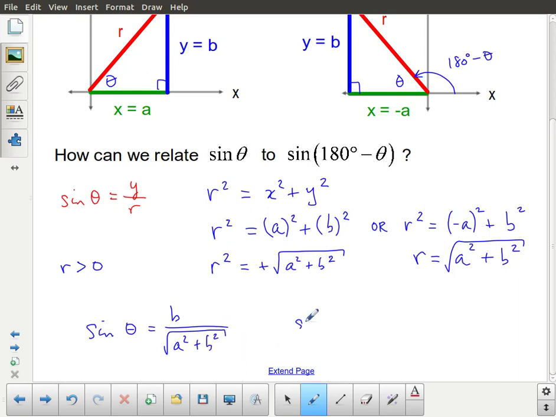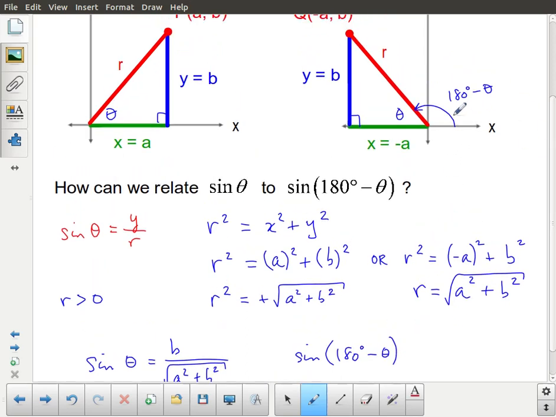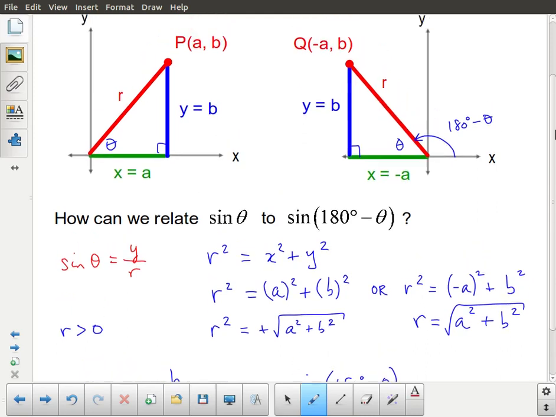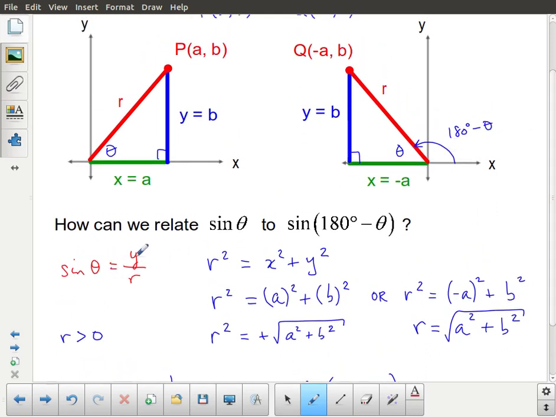What is the sine of 180 degrees minus theta? Well, 180 minus theta is this obtuse angle, and the definition of sine is the y-coordinate divided by r. In this case, the terminal arm's point has a y-coordinate of b, just like this one did.